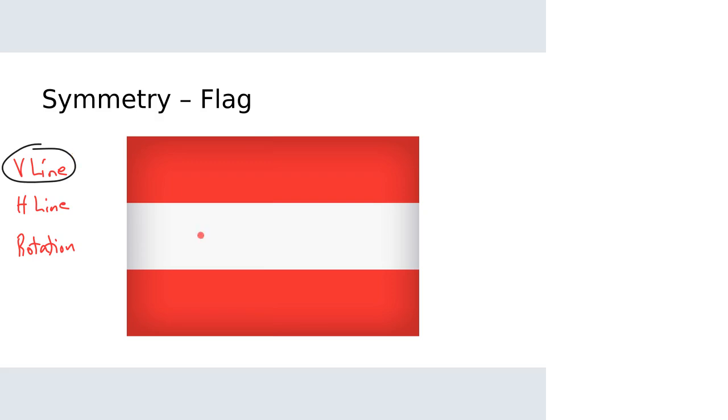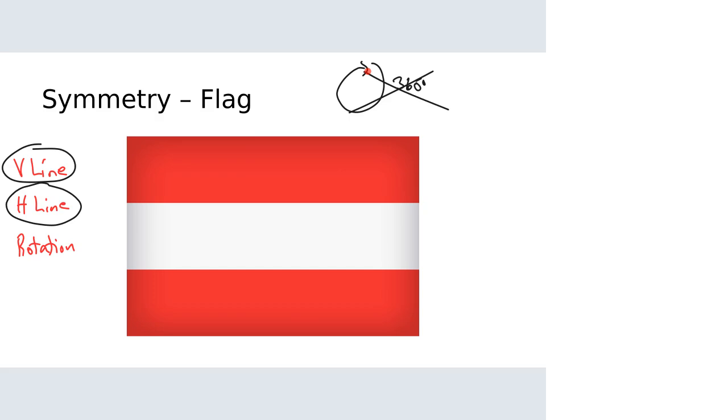Horizontal line symmetry. If I put a horizontal line right through the middle and I fold across it, yeah, this would land on itself. This has horizontal line symmetry. And then rotation symmetry. Obviously, if we go all the way around, everything is going to have 360-degree rotation symmetry. So we're never going to count that, because that one's a given. What we're looking for is, does it have a different rotation symmetry?